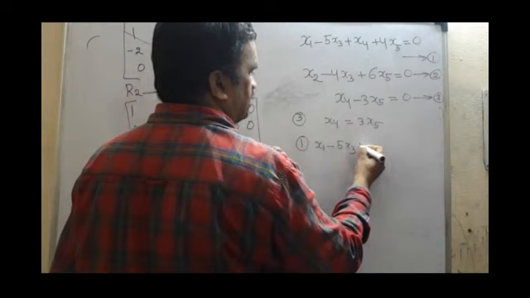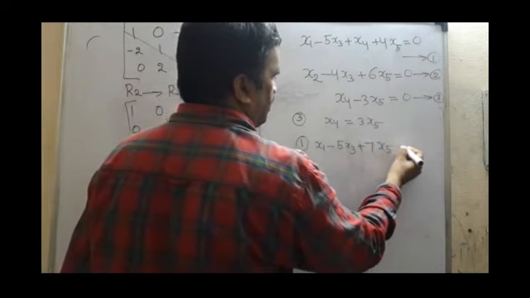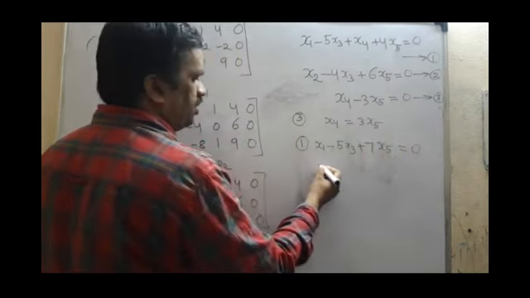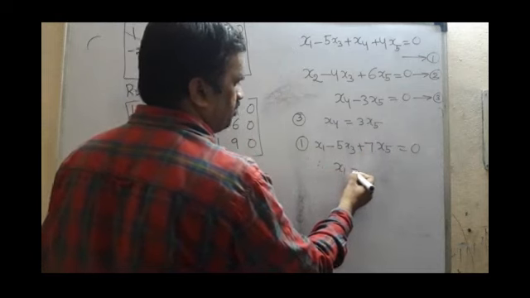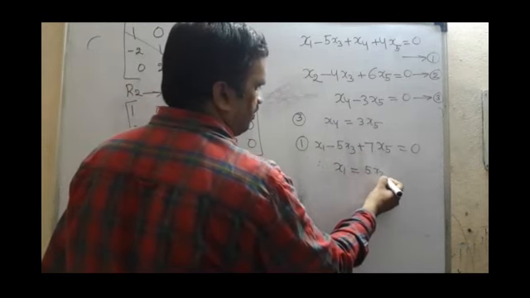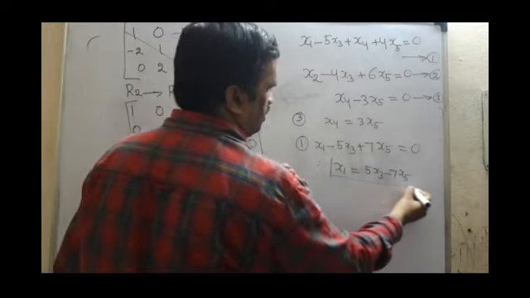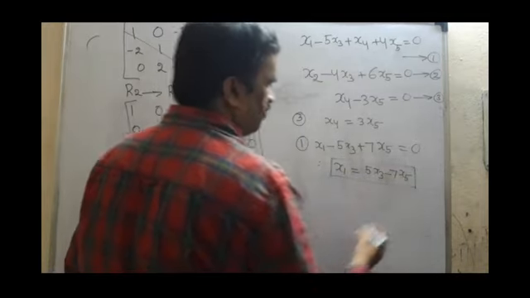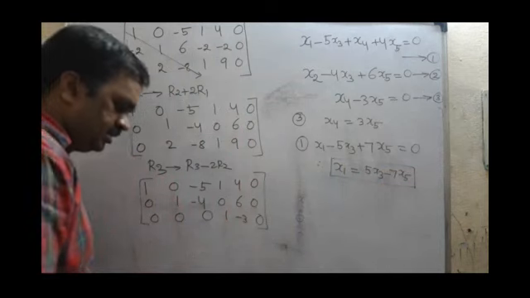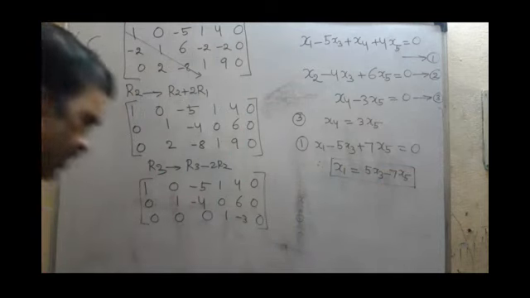Now equation 1: x1 minus 5x3, plus x4 which is 3x5, plus 4x5, 3 plus 4 is 7x5, equal to 0. So x1 is equal to 5x3 minus 7x5.